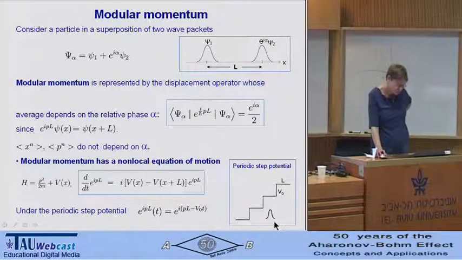The periodic step potential with step widths of L induces this change in the momentum modulo L. This particle that sits here experiences non-local and forceless interaction. And if the particle is in a superposition of two such wave packets with a separation of L, then it acquires a relative phase under a non-local and forceless interaction.